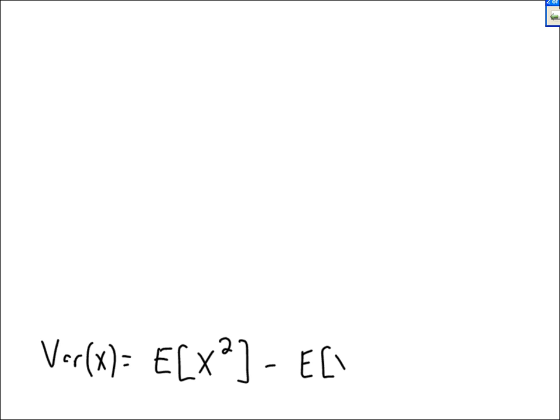Since we want to find the variance of X, which is E of X squared minus E of X quantity squared, we want E of X to the first power and E of X to the second power. That first power is not a very exciting one, but nonetheless, we want E of X to two different powers.